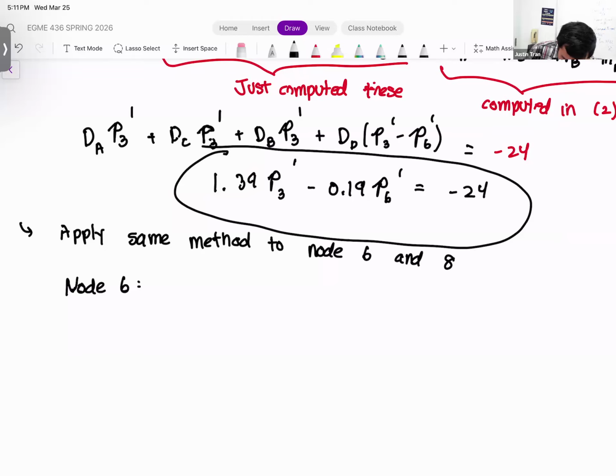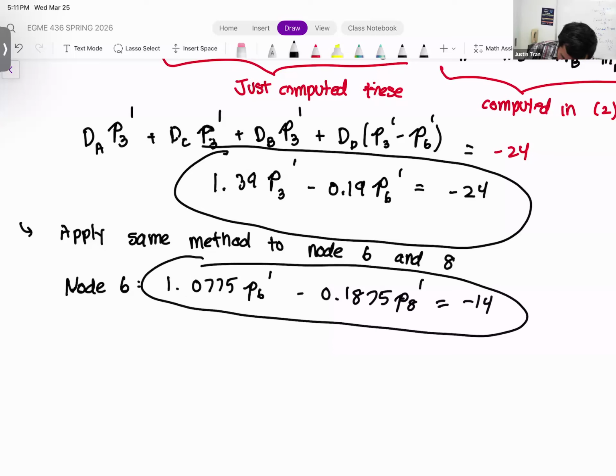Okay. So for node 6, we get the following equation, 1.0775 P6 prime minus 0.1875 P8 prime is equal to minus 14. Okay.